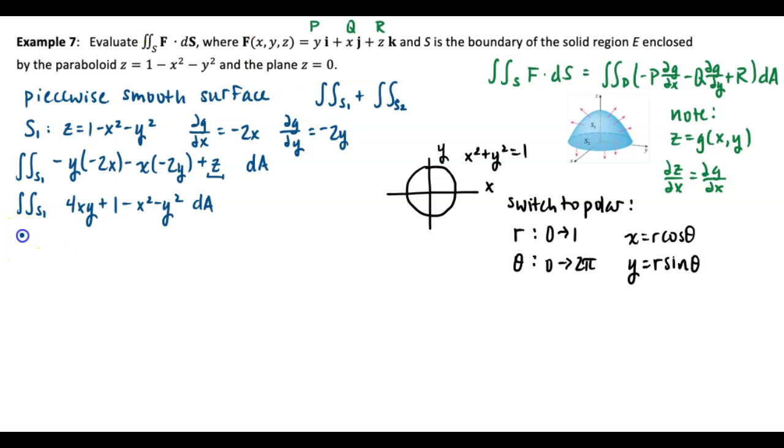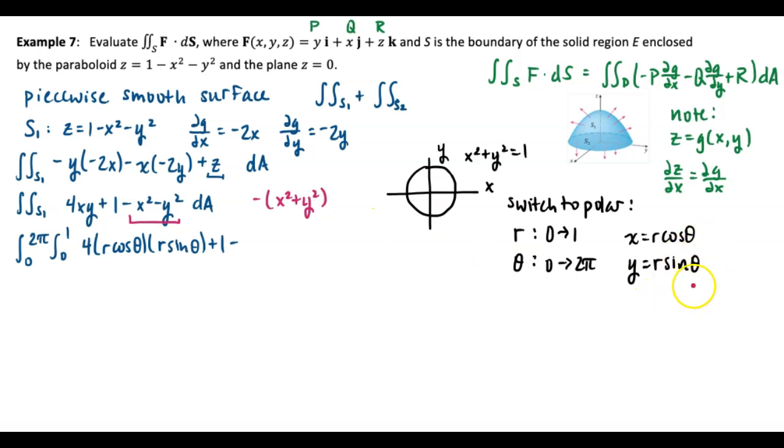And so let's rewrite all this as the integral. Now we can put in our bounds. As theta goes from 0 to 2 pi, r goes from 0 to 1. This is going to be 4 times r cosine theta times y, which is r sine of theta, plus 1 minus. Now, if I subtract an x squared minus y squared, I'll do this over here on the side, it's going to be like a negative quantity x squared plus y squared, right?